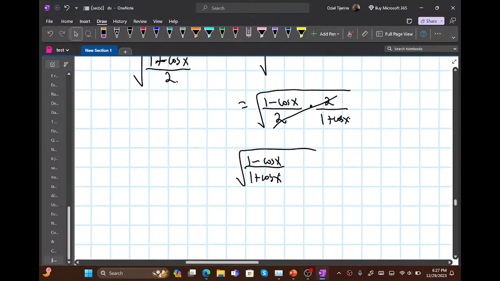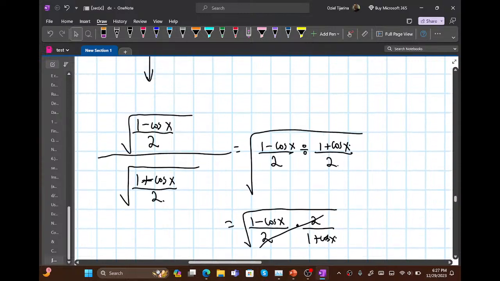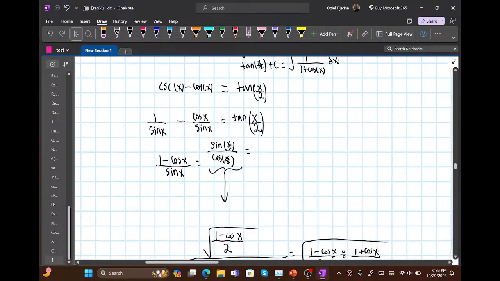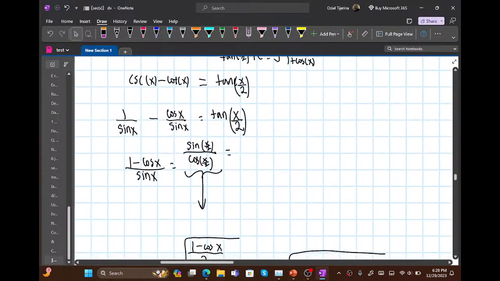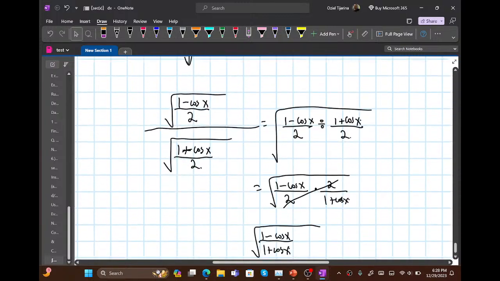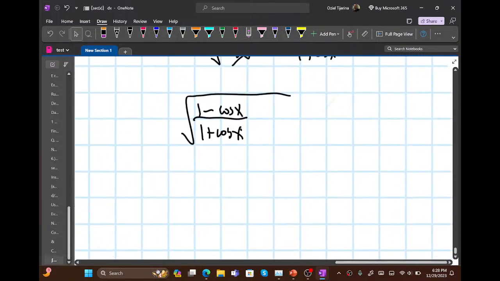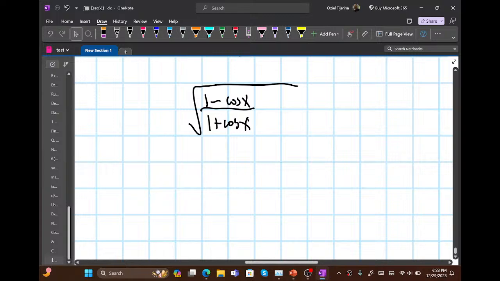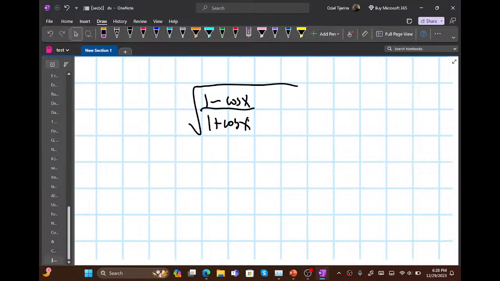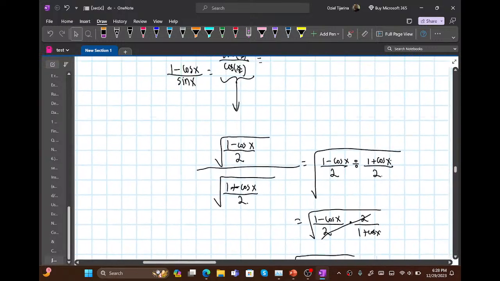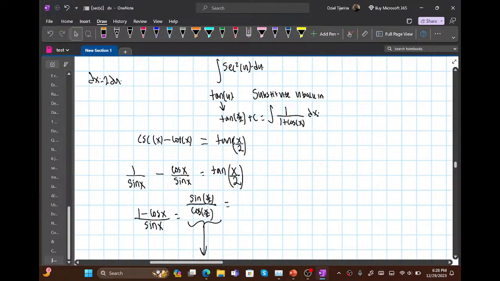Now, there is still the question of how this equals tangent of x over 2. Well, what I'm going to do is the following.